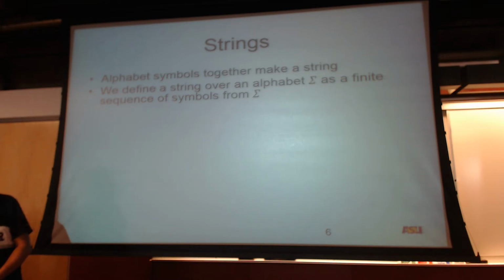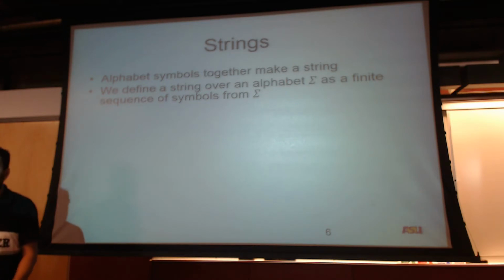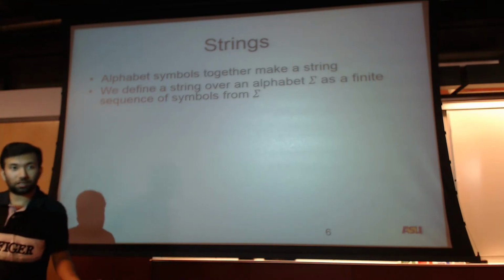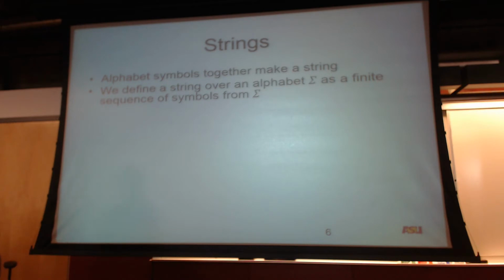A string is defined over an alphabet as a finite sequence of symbols from sigma. So a string has to be finite. You cannot go on and on. It cannot be an infinite set of alphabets. Whenever we talk about strings, it is finite. Right?